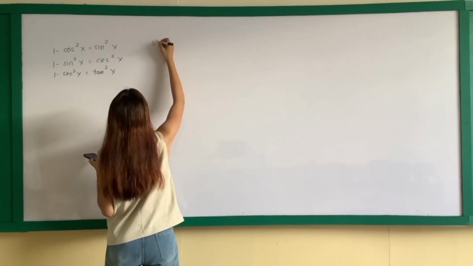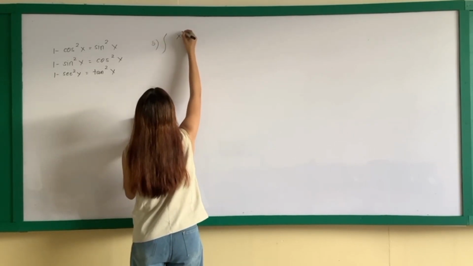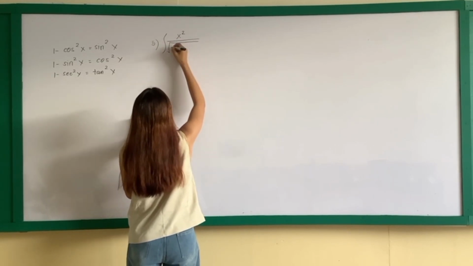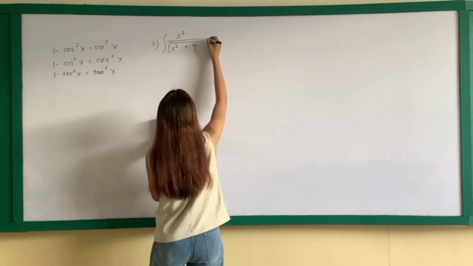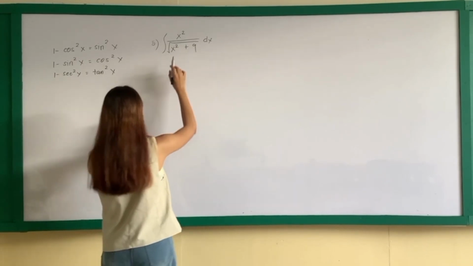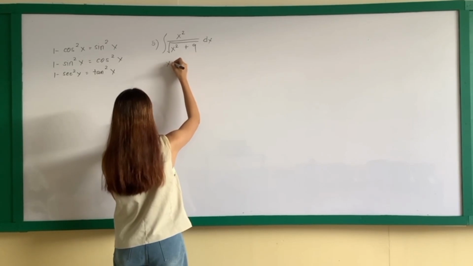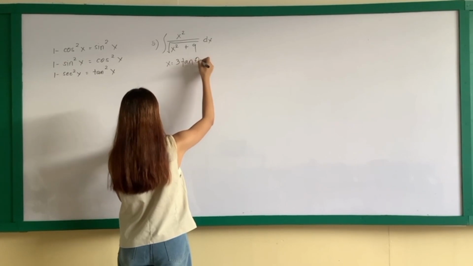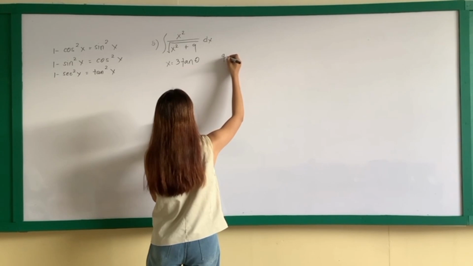Our last problem is the integral of x squared over the square root of x squared plus 9 dx. So let x equal 3 tan theta, because 9 is equal to 3 squared.